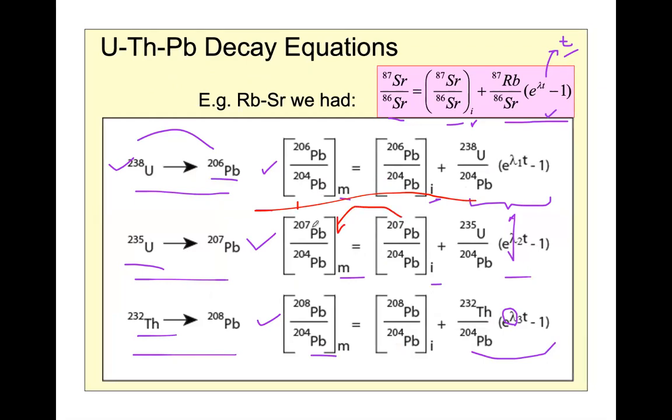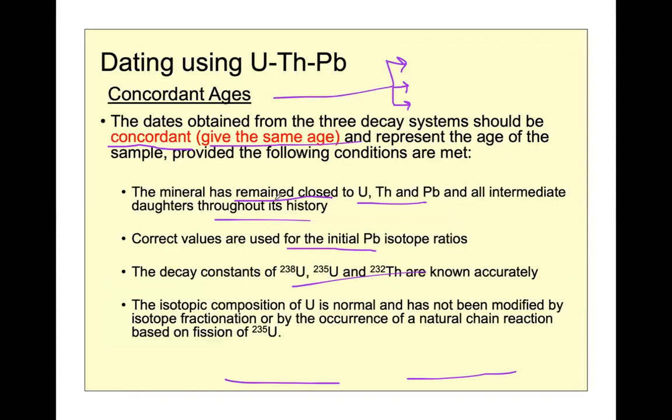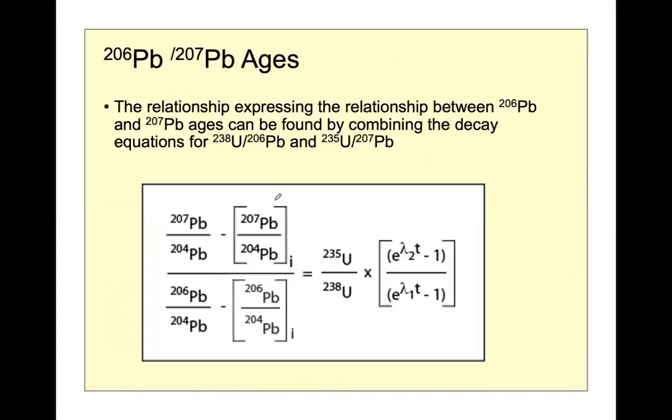So then 207/204 measured minus 207/204 initial equals 235/204 e^(λ2 t) minus 1. The same thing can be done to the other equation also, and then you divide those two equations one by one.